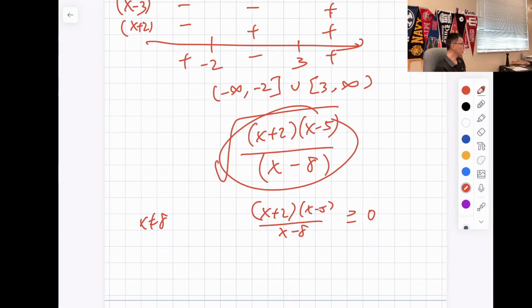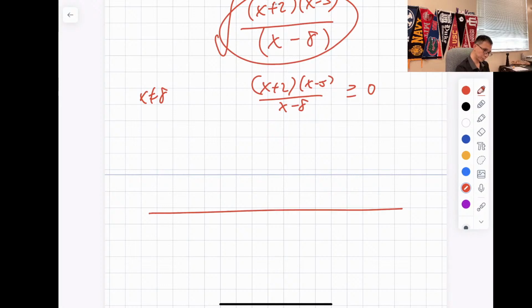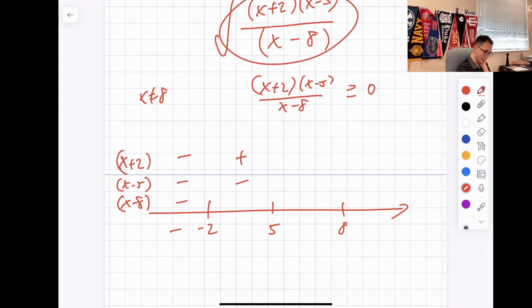Can I do that? Okay, yeah, sure. I'll try to do that very quickly. 8, right? 5 and -2, right? So this is negative, negative, negative, negative. 0 is going to be positive, negative, negative, positive.